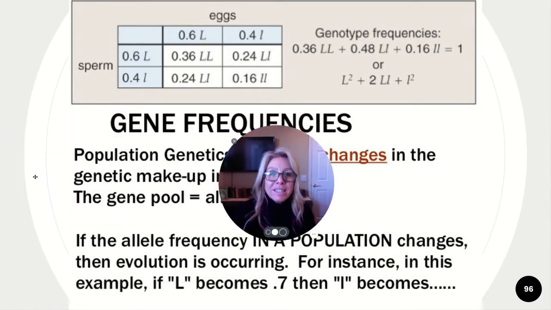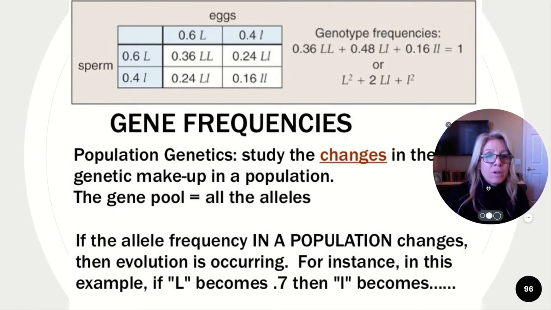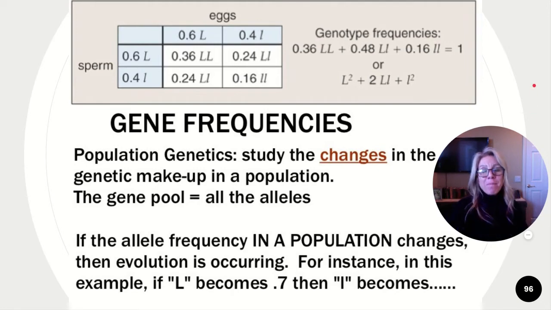So look at this right here about gene frequencies. Now we're going to learn pretty soon about Punnett squares in genetics. So basically what you did is, here's my gene pool for my eggs, could either be 0.6 or 0.4, right? Whether the dominant or recessive allele. Same thing for the sperm in my population.